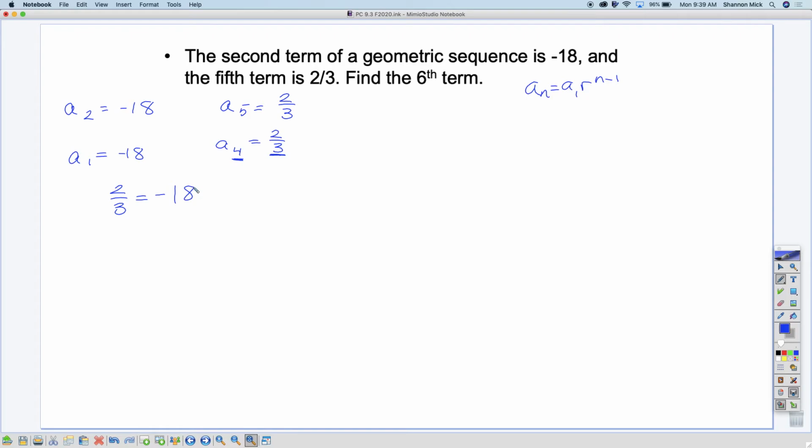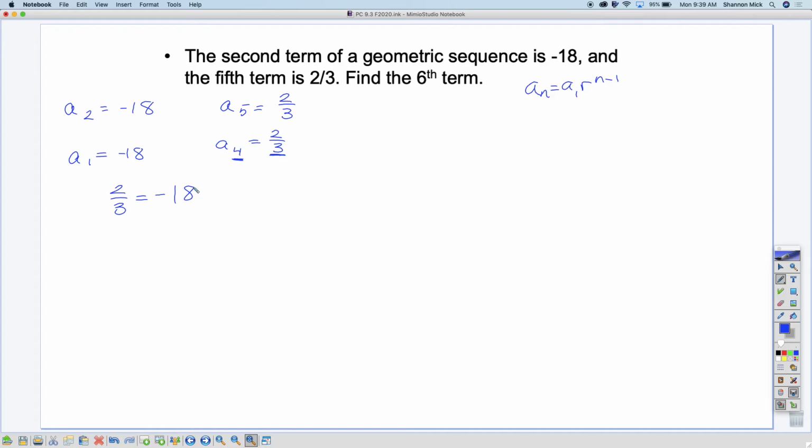In this equation, a sub n equals a sub 1 r to the n minus 1, correct? Everyone see that? How many variables are there? 1, 2, 3, 4. In order to solve for a variable, you have to have everything but one. So if there are 4 variables, how many things do we have to know? 3. So a sub 1 is negative 18 because we moved it back.